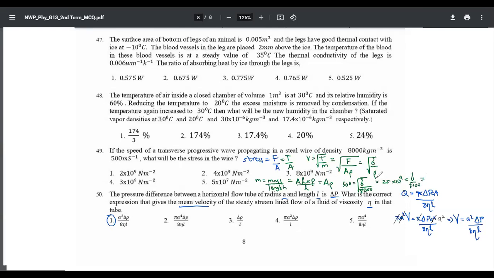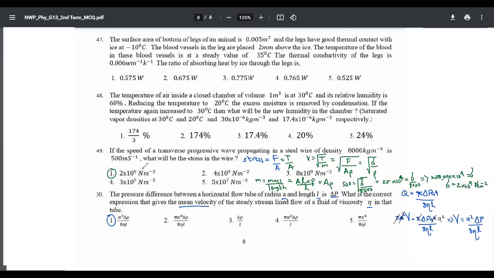Then the final answer is going to be multiplied by 8,000. 25 into 8 is 200, so 200 into 10 to the power 4 into 10 to the power 3, and that is our stress. And finally, stress is going to be equal to 2 into 10 to the power 9, isn't it? Yeah, 2 into 10 to the power 9 newton meter to the power minus 2. That is the value for stress.